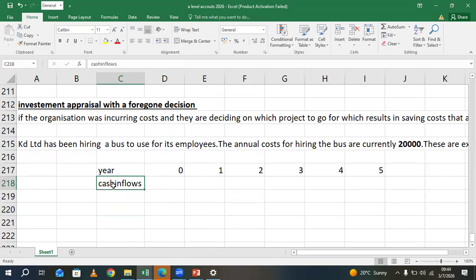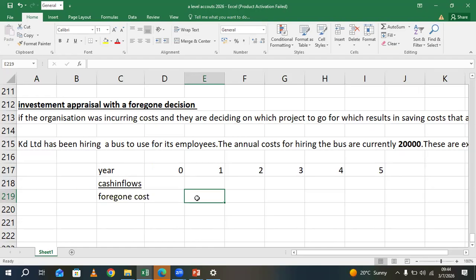So the foregone cost becomes the opportunity cost, it becomes the cash inflow. The foregone cost is going to become a cash inflow, but it will start in year one, because if we invest now in the bus, it means from the next year we are no longer going to be hiring the bus.